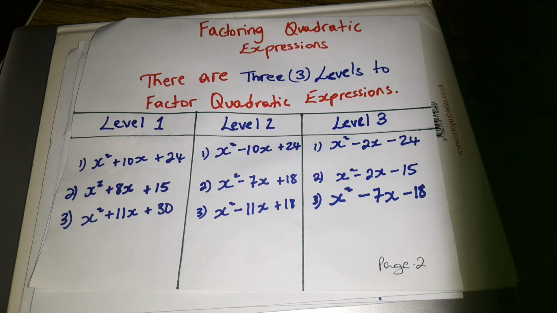For level 2, only the b term is negative, so just bear that in mind. You're not supposed to be just doing questions like that. You're supposed to be seeing the questions and understanding them. For level 3, the b and the c terms are negative. I try to let you see how the questions are constructed, not just do them without understanding how they are constructed. You understand? So that's it, 3 levels.